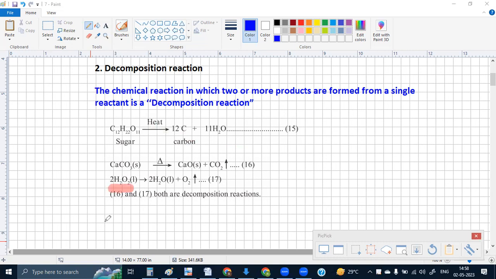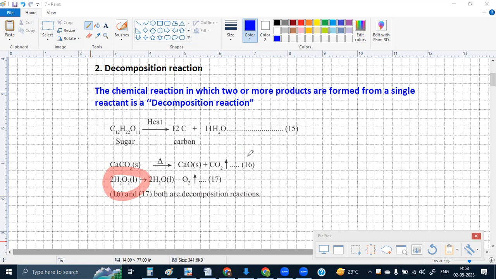H2O2. This is hydrogen peroxide. It gives you water and oxygen. This reaction takes place in presence of light. What is H2O2, hydrogen peroxide? Basically it is a cleansing liquid, a face cleansing liquid, which contains hydrogen peroxide.